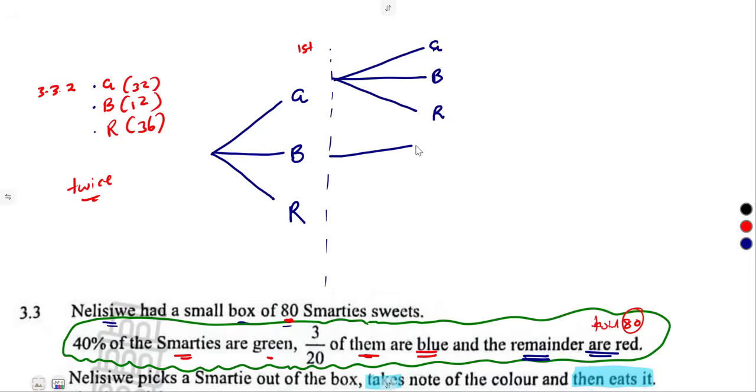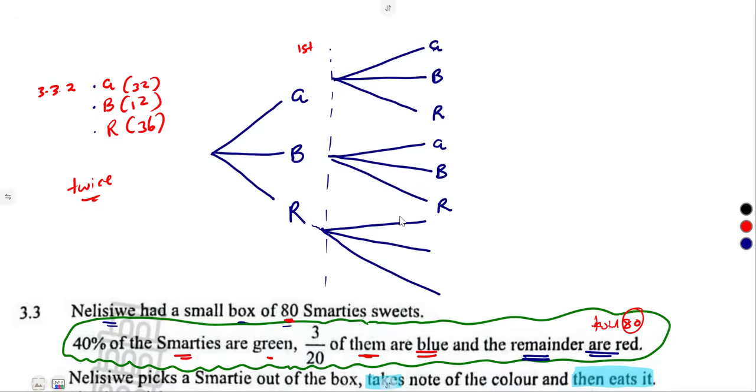Same here with the blue, it was going to branch, giving us the same thing: green, blue, red. All right, the last one, the red here, branches as it is, giving us three, just like before. So these are the outcomes that we are having.